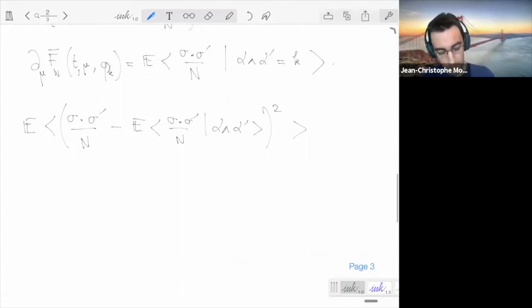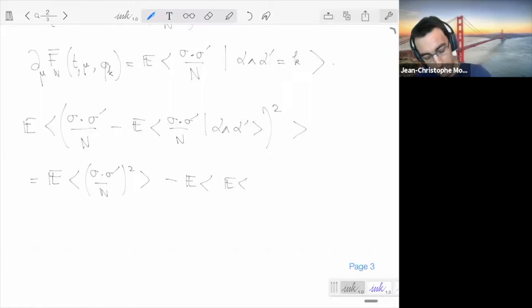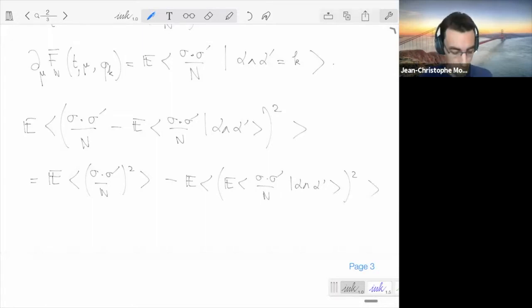So this is the error term we want, and just like with the normal variance, if I expand this square, I get sigma sigma prime over n squared minus the expectation of the squared expectation. The first term is the t derivative.